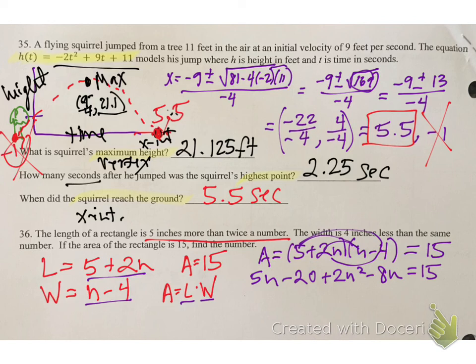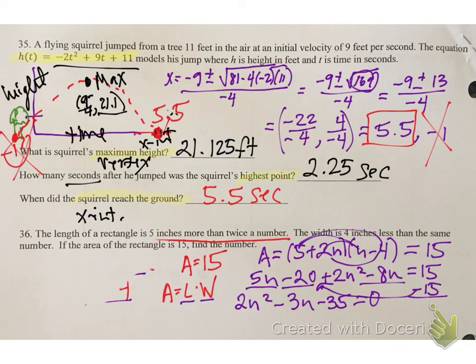Then I combine my like terms. So I would have 2n squared minus 3n. Subtract the 15 over to the left side. So a minus 20 and a minus 15 become a negative 35. And that equals 0. So I'm going to erase all this, give me some more room.